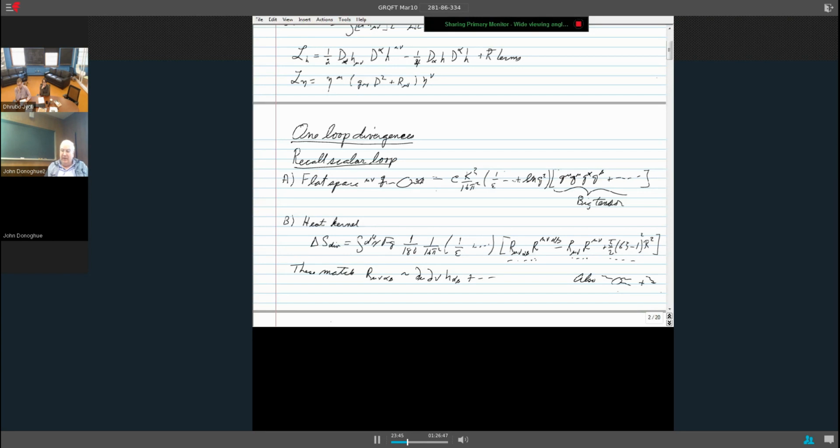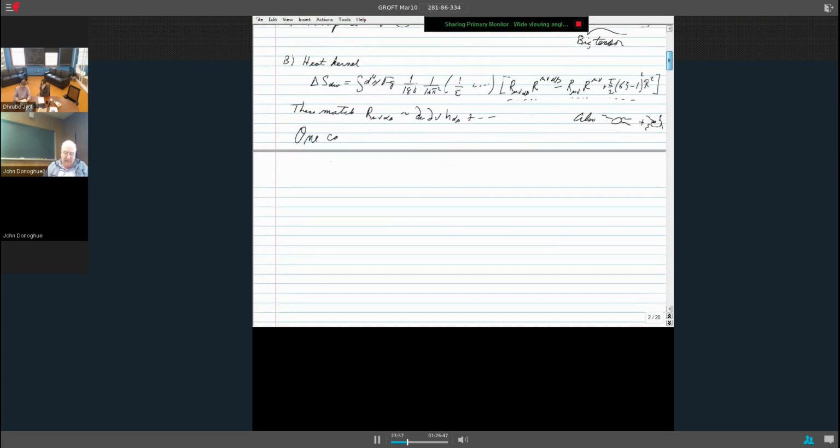Basically, you take R mu nu alpha beta, which goes sort of like d mu d nu h alpha beta plus lots of other terms. If you express these in terms of derivatives on H, and you take a matrix element, you get the same tensor up there.